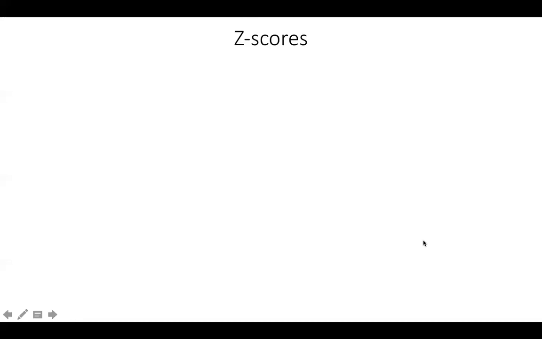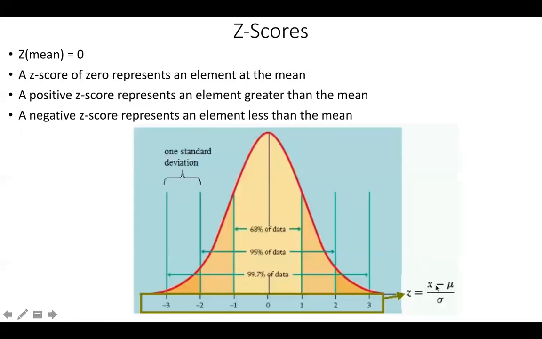And this makes sense. If x, our observed value, is equal to mu, these two values will cancel out and we'll have a numerator of 0. So when our observed value equals the mean, we will have a Z-score of 0.